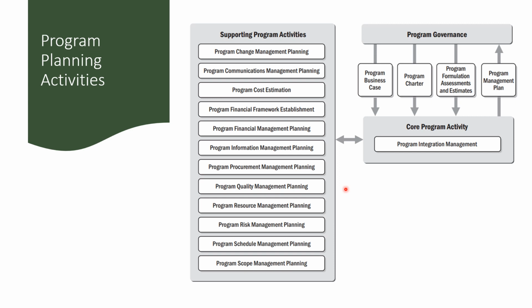We are going to discuss them over a couple of videos, because covering all 12 planning activities in one video would become too long. So I'm going to divide them into two or three slices and talk about them in each of these videos. Today we will talk about a few of these slices.